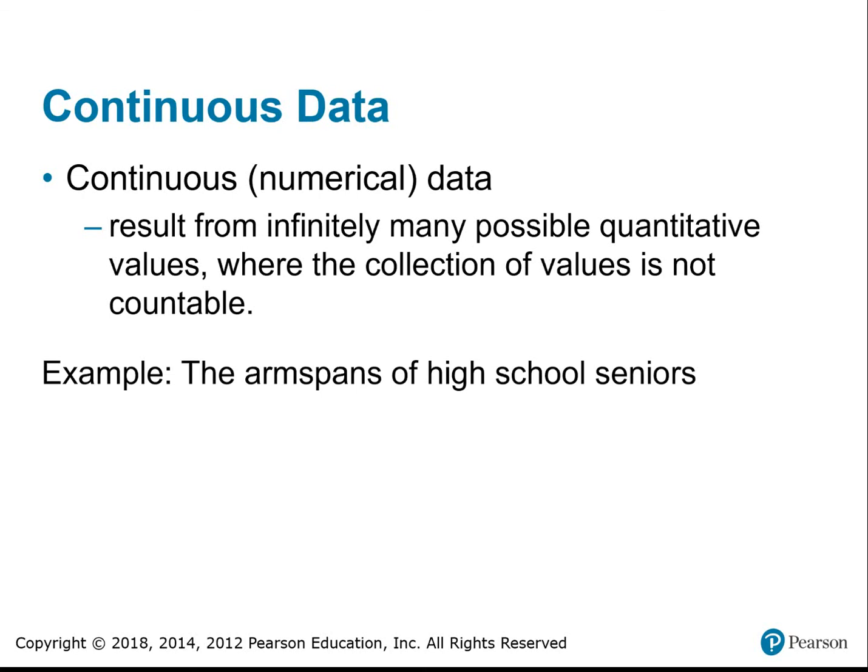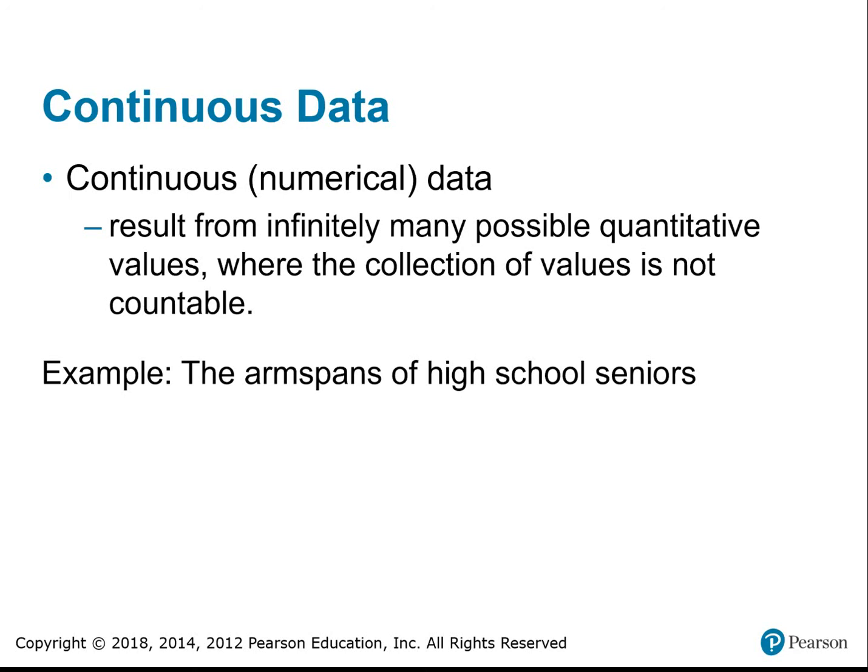And in contrast, we also have continuous data, which is when it could be any number on a range of values. We say there's an infinite number of possibilities, or it is not countable. So think about the arm span of high school seniors. If you stretch your arms out, you might have a 5-foot reach, or you might have a 6-foot reach, or you could have any number between 5 and 6 feet. Someone could have a 5.25 foot reach, or someone could have a 5 foot 8 inches or 5 foot 8.222 inches arm reach.